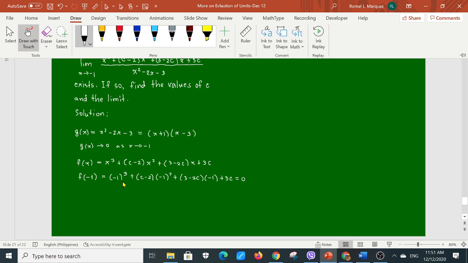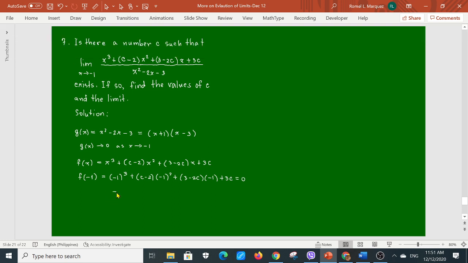Negative 1 cubed is negative 1. This is 1 because it is squared, so it is plus c minus 2. This is minus 3 plus 2c, and then plus 3c.